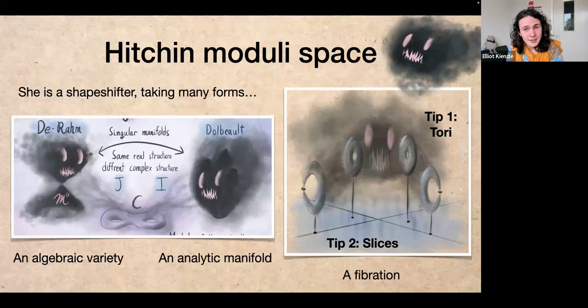Another way of looking at her, she has slices above a flat base where each of the fibers are going to be different tori. And as you move around, some of those tori pinch off. That's what we're seeing here. And you'll notice tip number 1, tori are coming up again. And tip number 2, I'm using slicing to represent this literal picture. So all of these things come together to show lots of data about this space in a legible way.